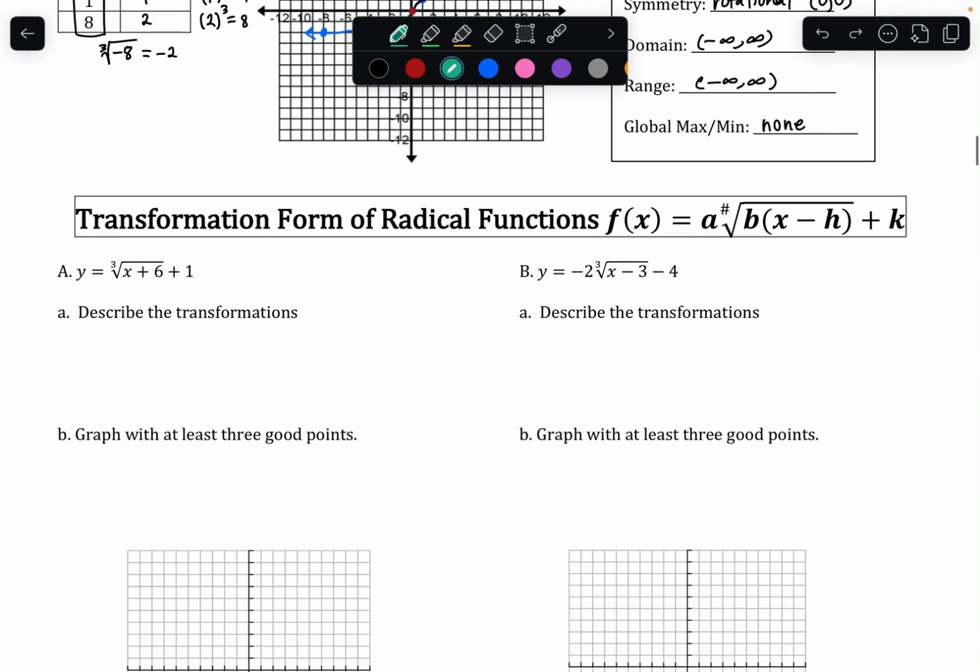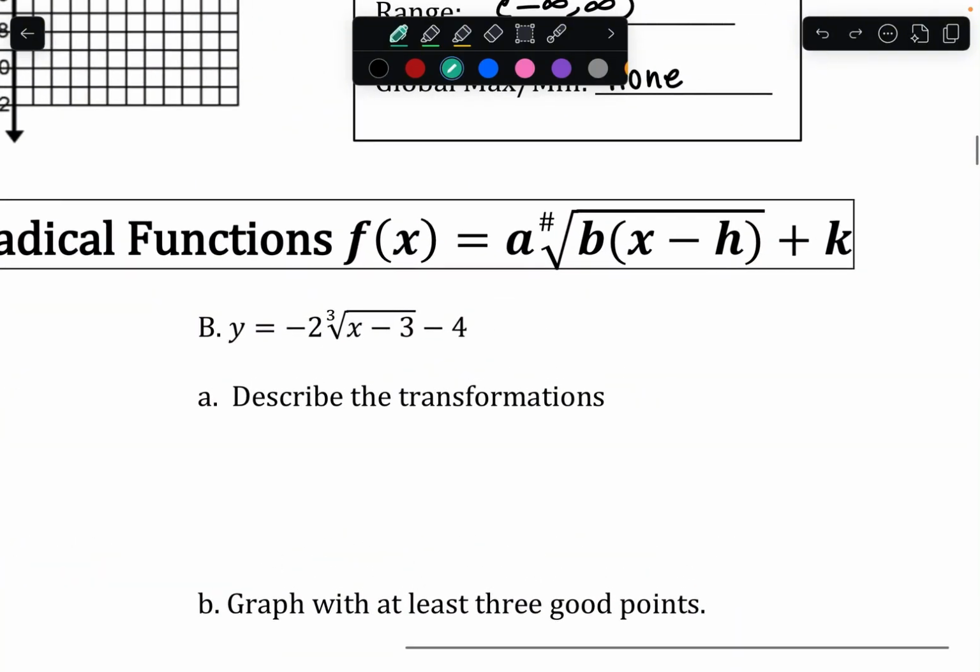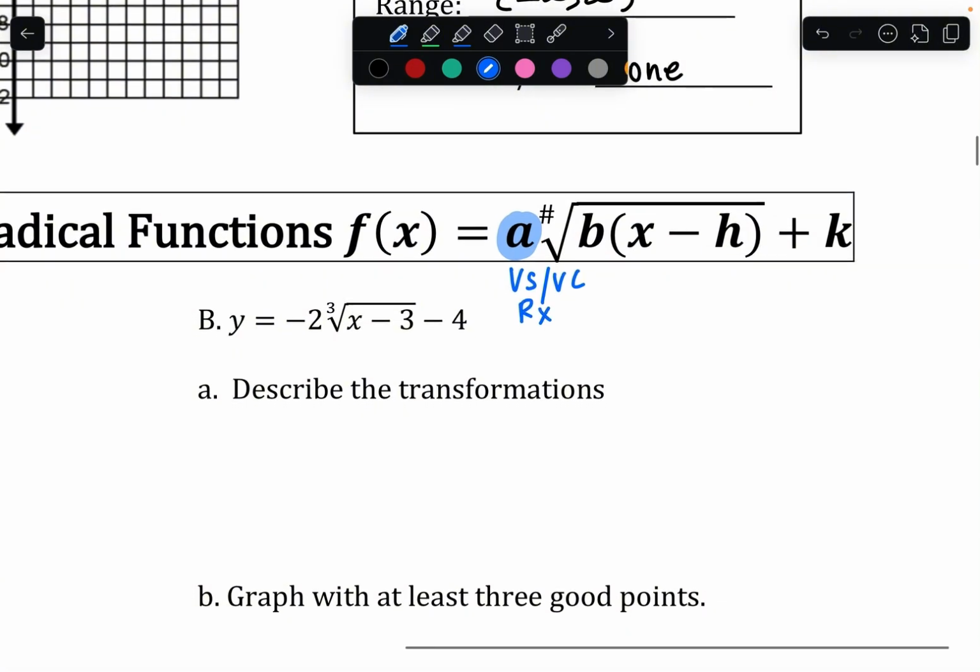Okay, and so here's a review of our transformation form, remembering that the a value gives us our vertical stretch and vertical compression, as well as our vertical reflection across the x-axis. The b value, because it's under the radical, everything's horizontal.